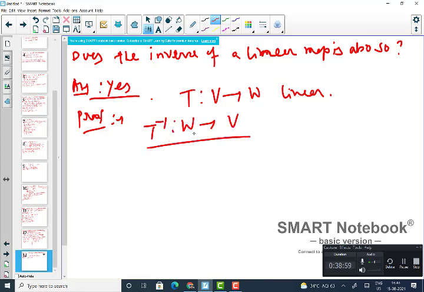I need to prove T inverse is linear. So what does that mean? I need to check with two elements from W and a constant over the field F. So let us start with any two elements, maybe V1 and V2 belonging to W, and some constant C belonging to F.